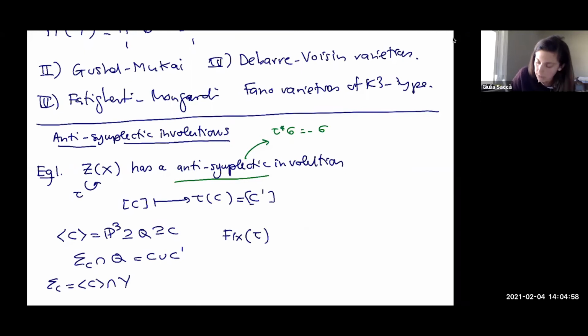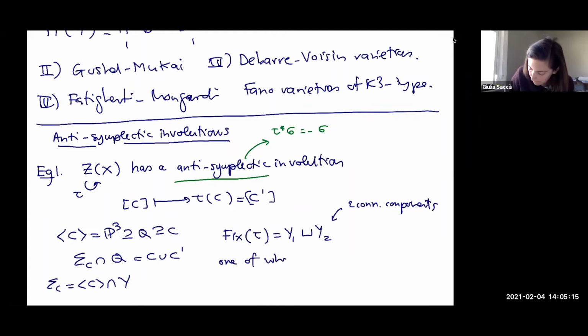And it turns out, it requires a proof, but it turns out that this has two connected components, one of which is isomorphic to Y itself.